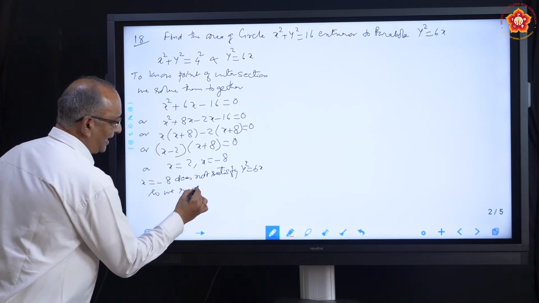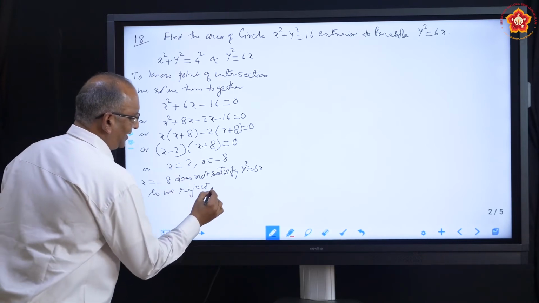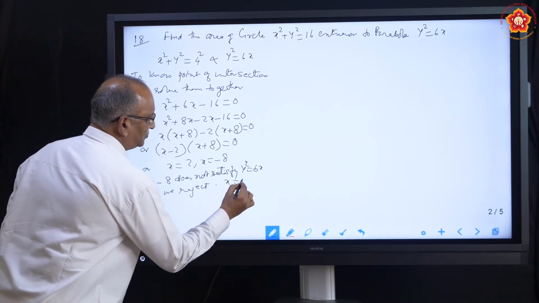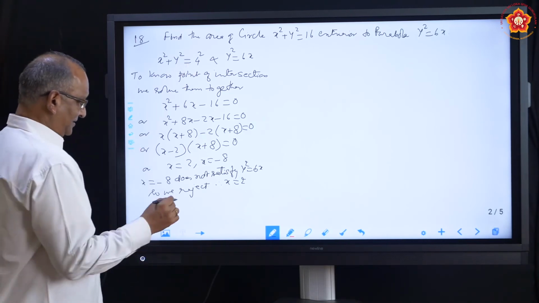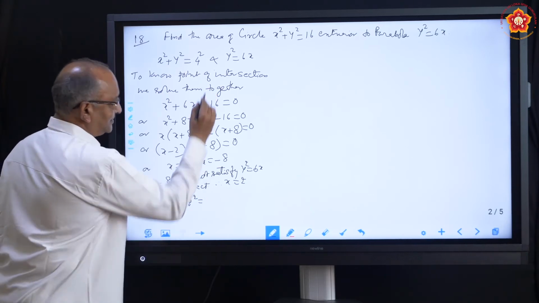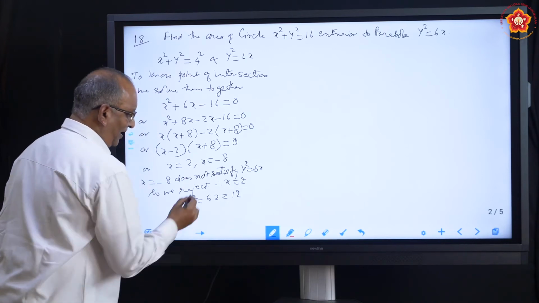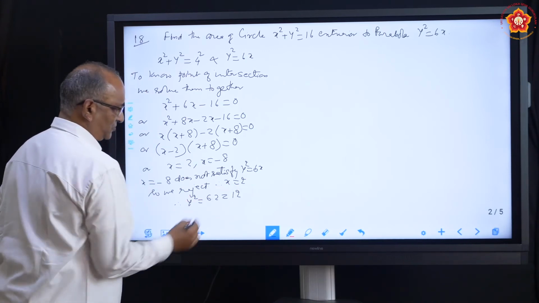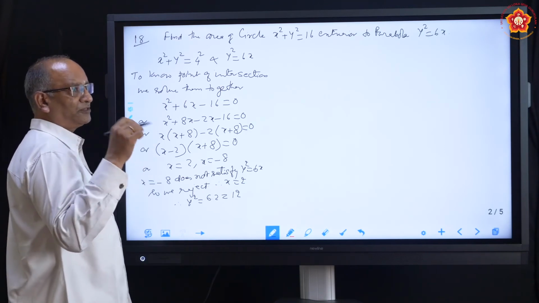So if we reject, what happens? We are left with only one value. Hence, x is equal to 2. If x is equal to 2, you need to know what y is. Hence, y square is equal to 6 into 2, 12. Y square is 12. 12 can be written as 2 into 2 into 3. 2 2s are 4, 4 3s are 12.